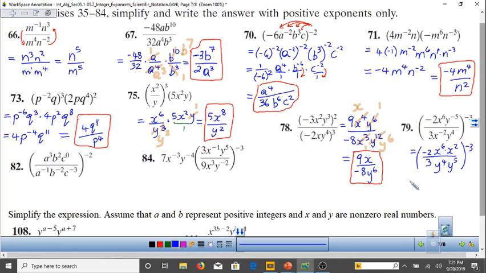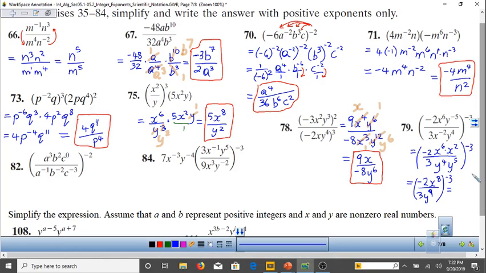When I simplify that, I get negative 2x to the 8 over 3y to the 9. And then here's the thing. This is raised to the power negative 3.